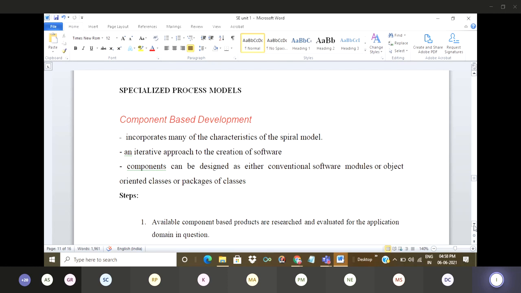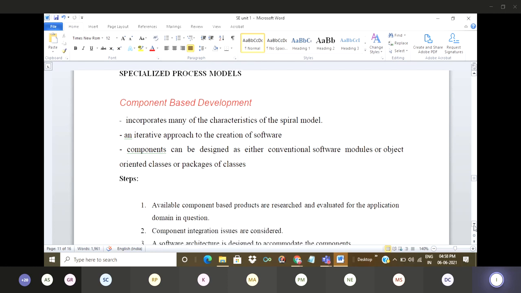It is an iterative approach to the creation of software, and components can be designed as either conventional software modules or object-oriented classes or packages of classes. So, what are the steps we have to follow in component-based development?